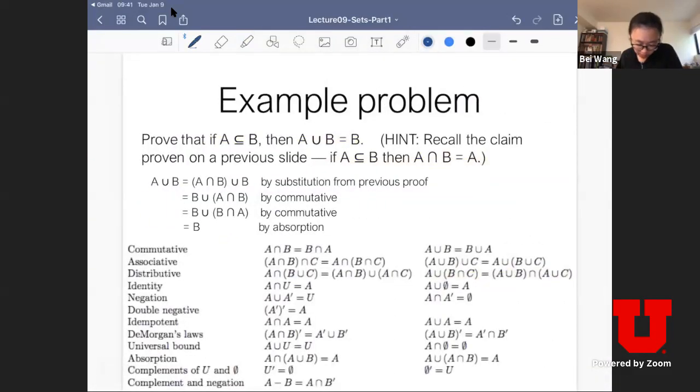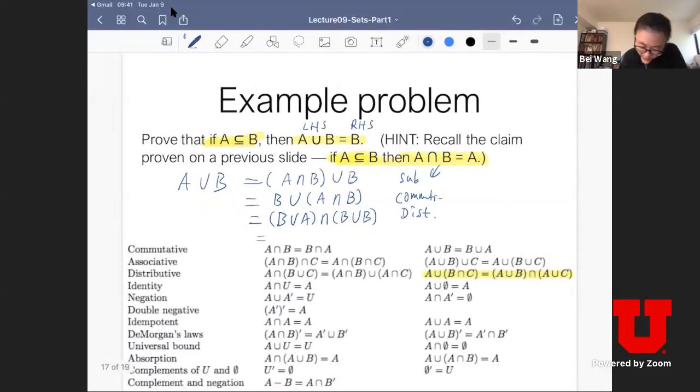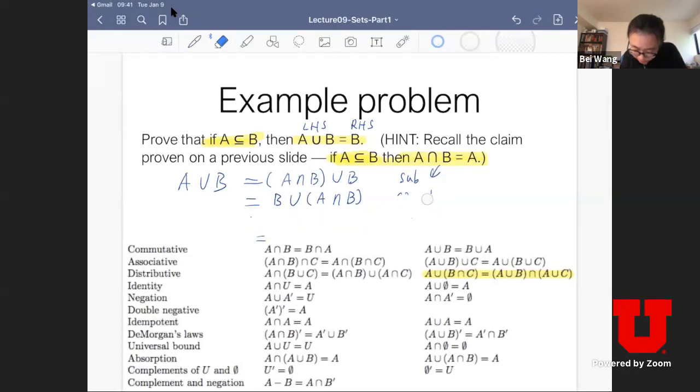B union B intersect A. Oh yeah, actually, sorry. Let me clear it out a little bit. I shouldn't use the absorption rule here. This is just the commutative rule. But then I'm going to do one more. Yes. So this is just simply absorption.